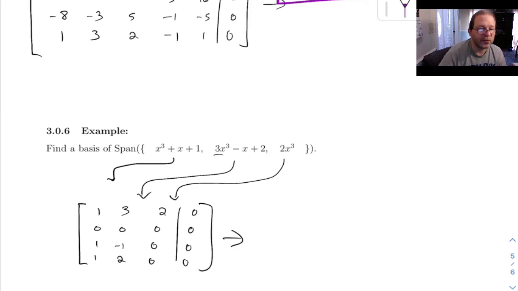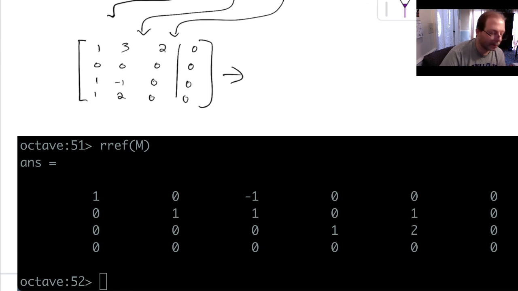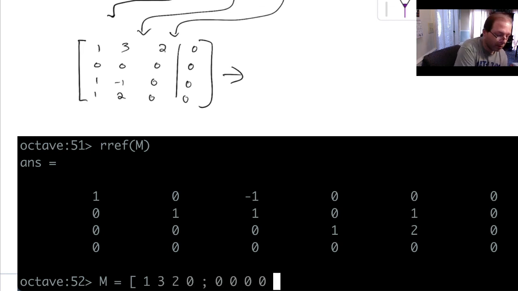Let's reproduce this. All right. 1, 3, 2, 0. Then all zeros. Then 1, -1, 0, 0, 1, 2, 0, 0.